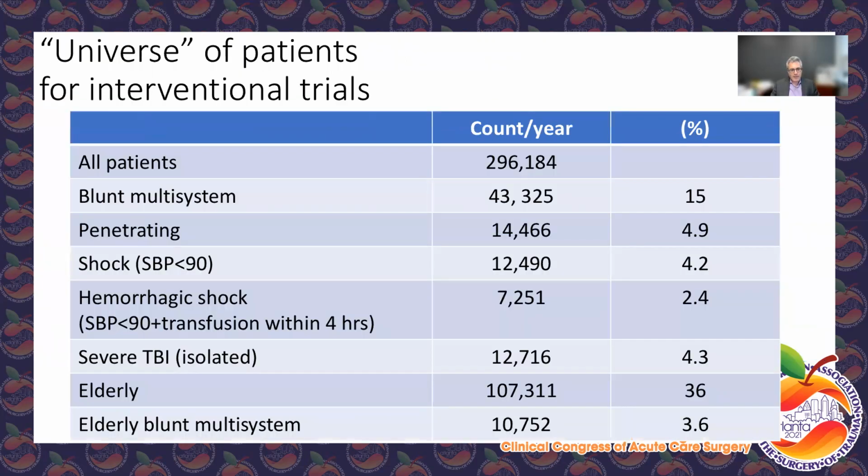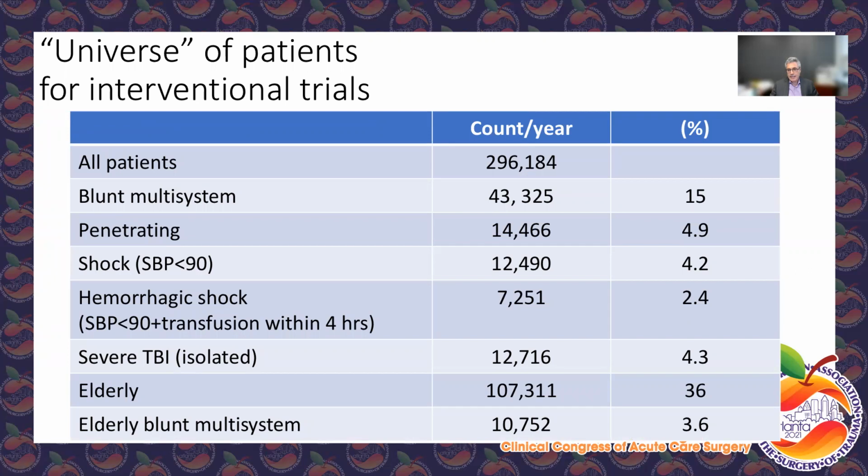Who are the universe of patients for interventional trials? Okay, so you're designing a study that focuses on patients with penetrating trauma or who present with hypotension. We have almost 300,000 patients entered per year, and you can see the breakdown. Blunt multisystem, which is defined as injuries within 2 or more body regions, is about 15% of the population. Hypotensive patients with shock and getting transfusion, only about 2.4% of the population is represented with those criteria.